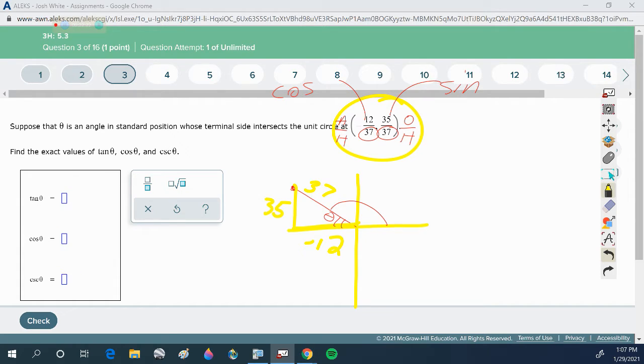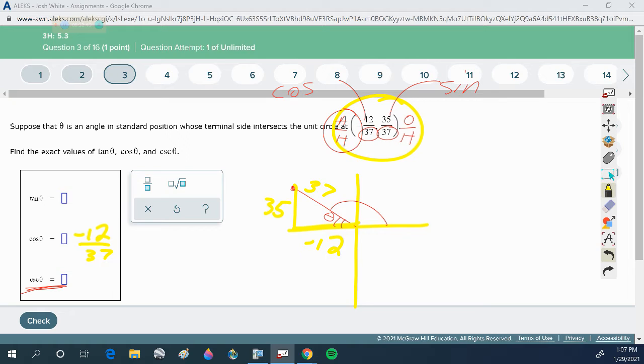Okay, what is the cosine of that angle? Cosine is A over H, so negative 12 over 37. Okay, and then remind me what the cosecant is.